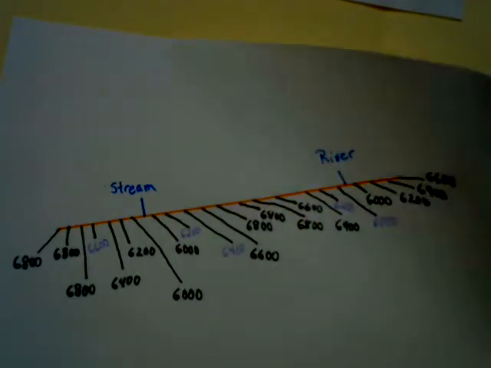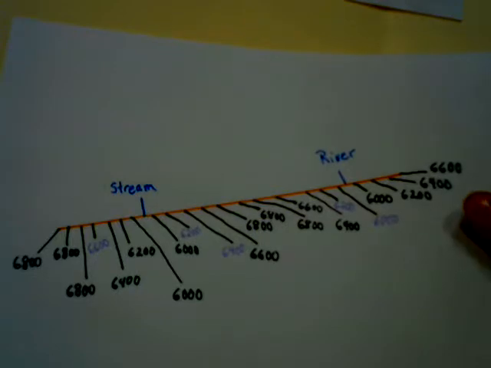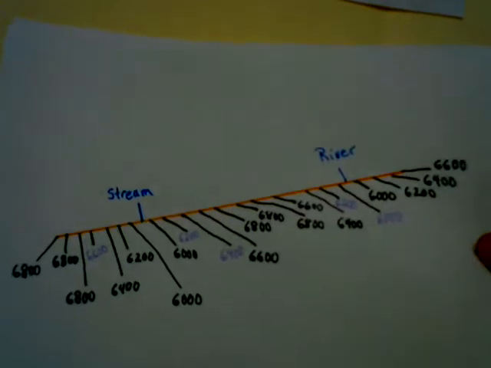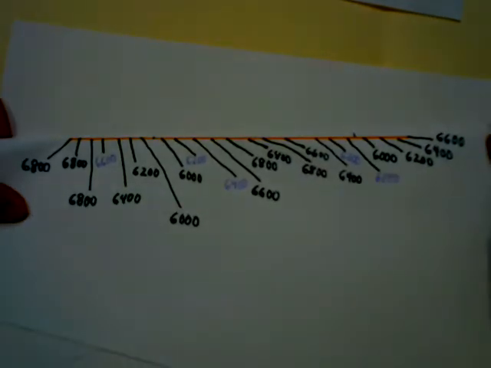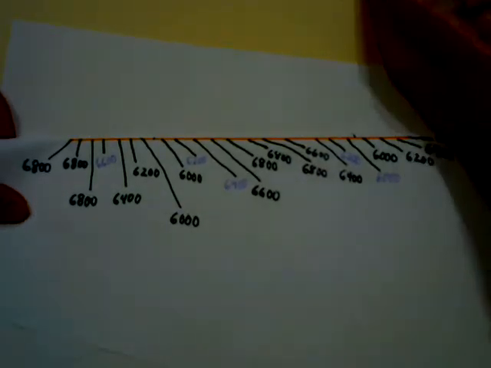Now we need to draw the topographic profile. And to do that, we take this piece of paper and we want to fold it along the orange line. I want to see the line, but I don't want to see the information above it. So you see I've done a semi-decent job of folding it.